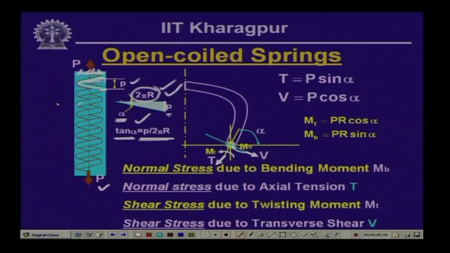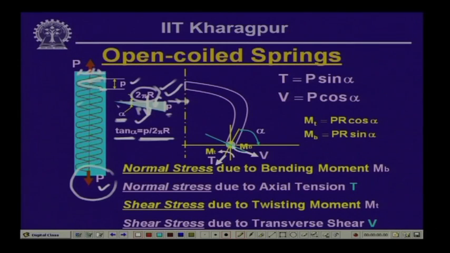Now, if we look into the forces this will be subjected to, first, if I transfer this axial force P to the straight coil which is in one plane, it will be subjected to a direct force P and a twisting moment P times r, the vectorial direction of which we had seen last time.